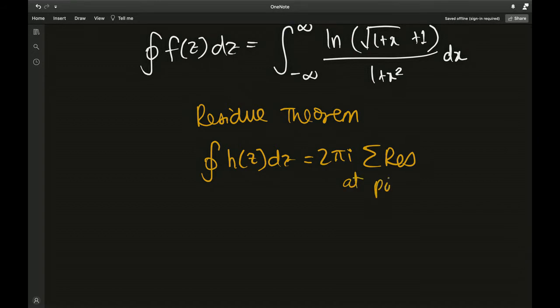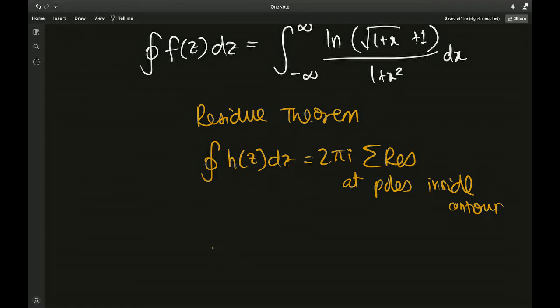Poles are the values where h of z is undefined, where basically in most cases the denominator goes to 0, making the entire thing become undefined.